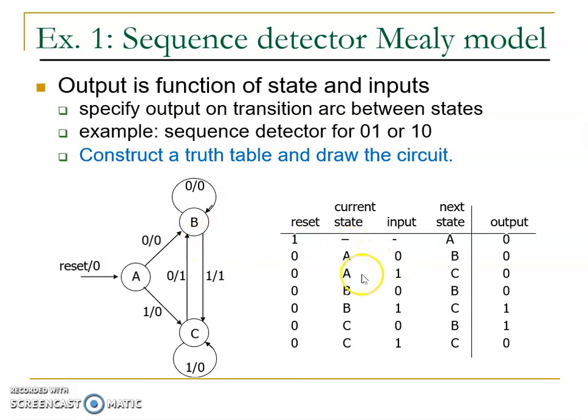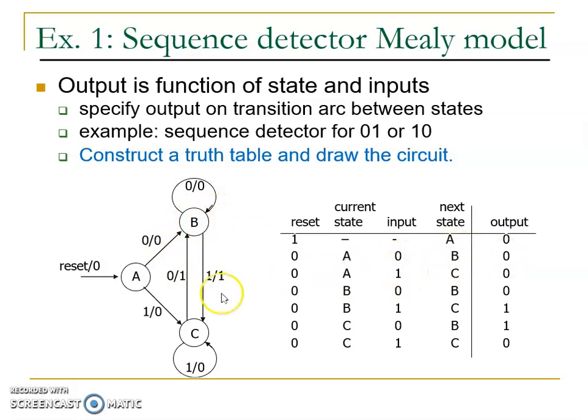For state A, we have 0 and 1 input, because the input is 1 bit. For state A, input 0 gives output 0, so we write 0 here, and the next state is B, so we write B here.